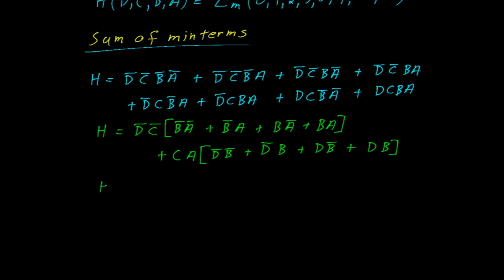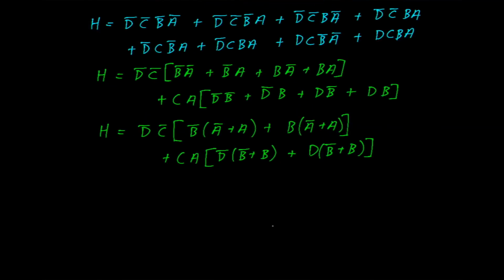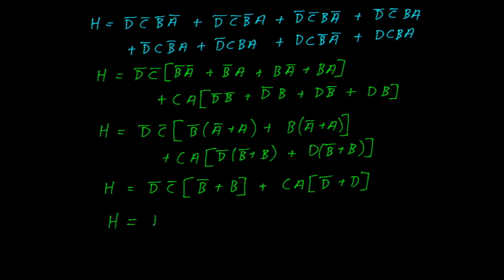Continuing on with the simplification. And our final step tells us that function H may be simplified to D naught, C naught, or CA.